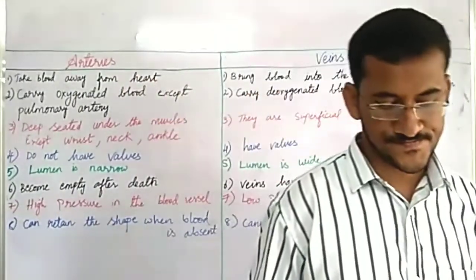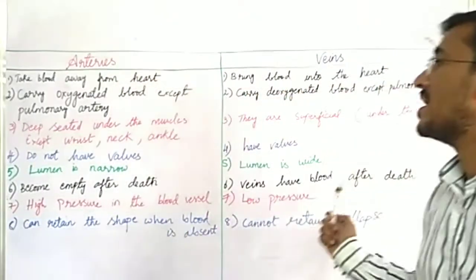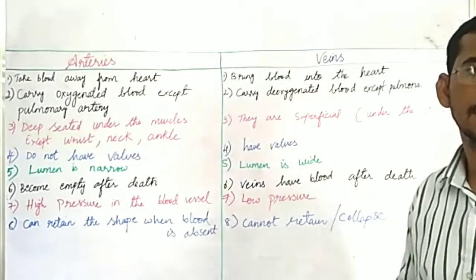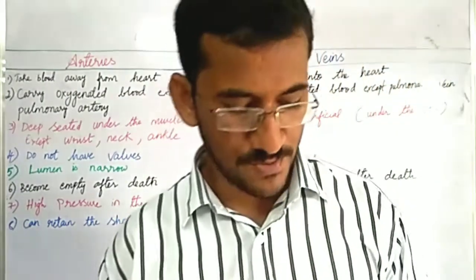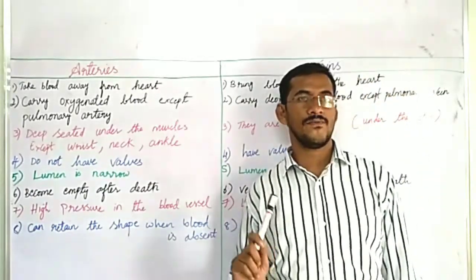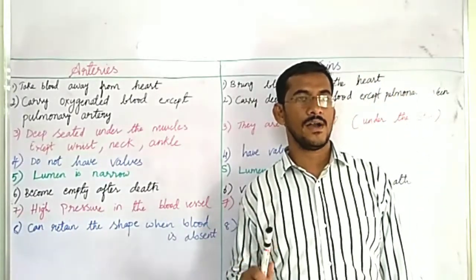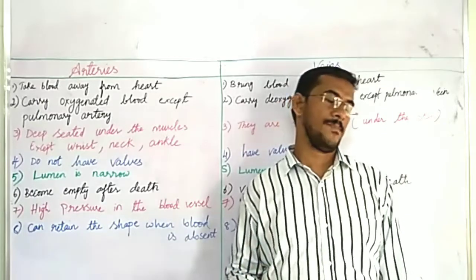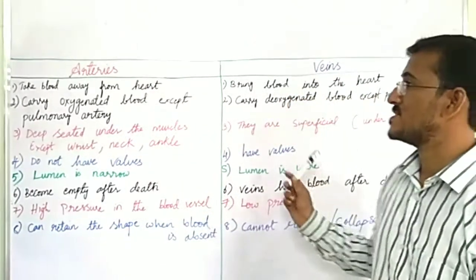So this is the difference between arteries and veins. Based on today's topic, your homework is to draw the diagram of the TS of artery, vein and capillary and write the differences between arteries and veins.